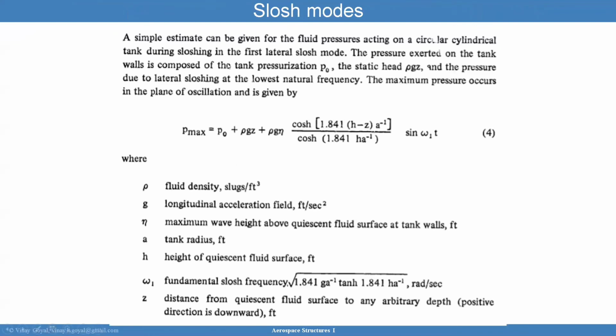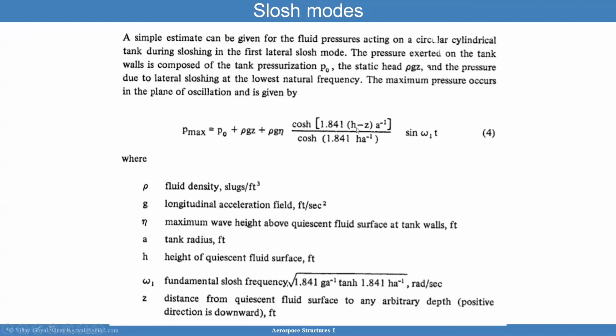So you have p naught, which is the ullage pressure, then rho g z, which is the distance from the fluid surface to any arbitrary depth. Then you have rho g eta, which is the maximum wave height above the fluid surface, and that's multiplied by the Bessel ratio function.